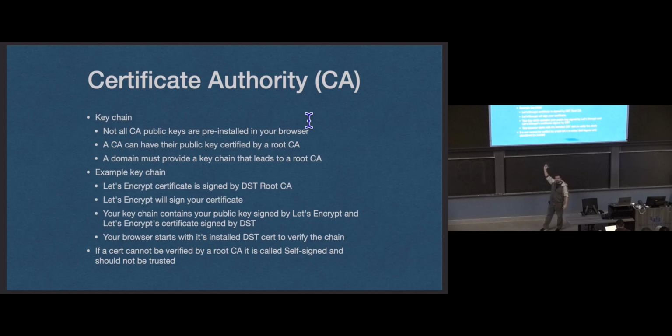You can have as many links as you want in this chain, as long as the very last CA has their certificate signed by a root CA. So as long as the domain you're visiting has a certificate that can be verified through the keychain all the way up to a root CA, then you can say that that's a valid certificate.